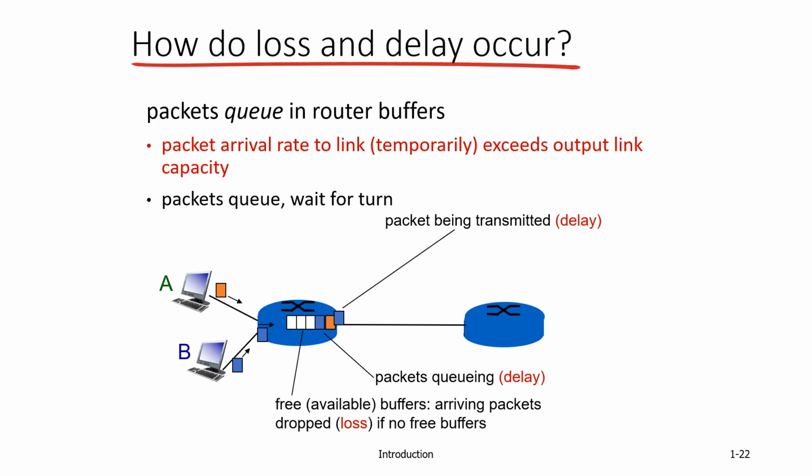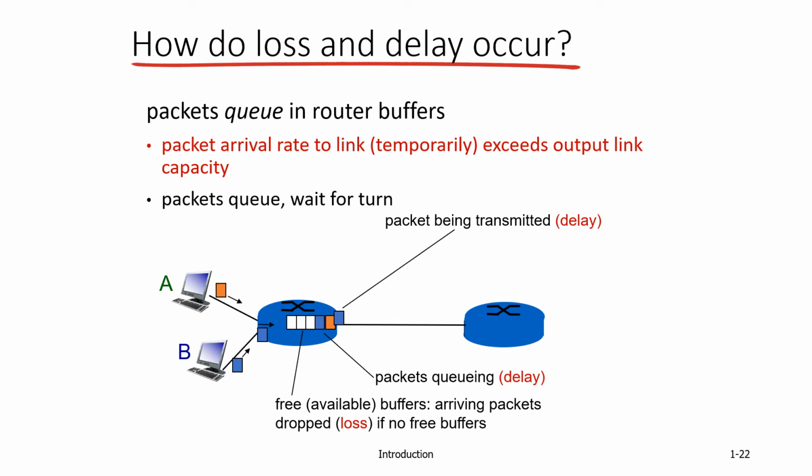When packets are queued, they need to wait for their turn before they can be sent on the output link of the router. The amount of time it takes for the individual packet or the bits of the packet to wait inside the router before getting transmitted contributes to the delay that is experienced in sending a particular packet from the sender to the receiver.